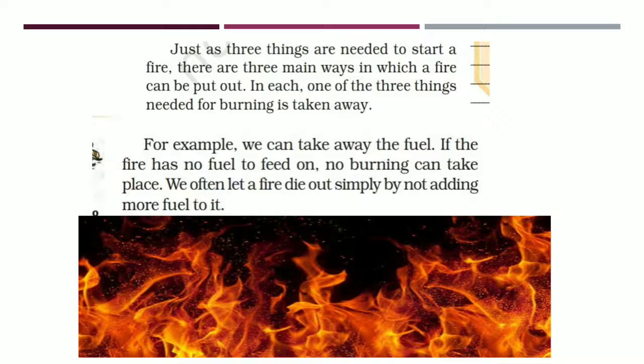So now you can open page number 115, one para, and next is on 116. Look at page number 115 at the last. Just as three things are needed to start a fire, there are three main ways in which a fire can be put out. In each one, one of the three things needed for burning is taken away.